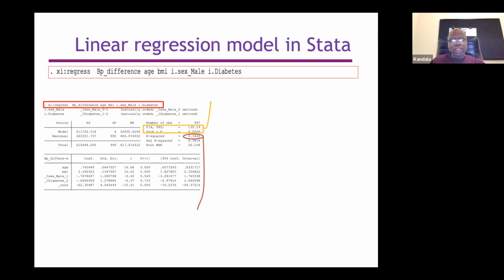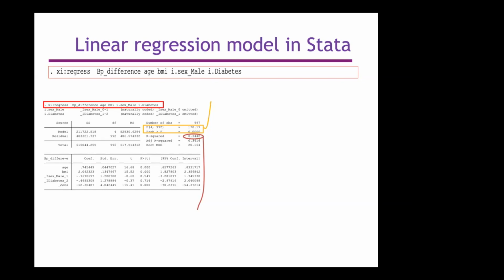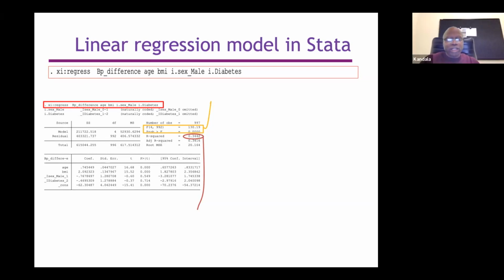Not only age, but if we include the gender, the BMI of the person, or the diabetes status of the person, we are almost having double, that can explain double of the variation. So 34% of the variation we see in the difference in blood pressure, but that is still not the norm. This may not be all we need.